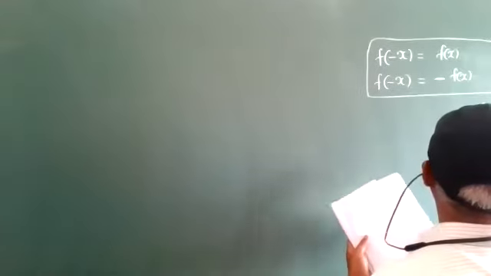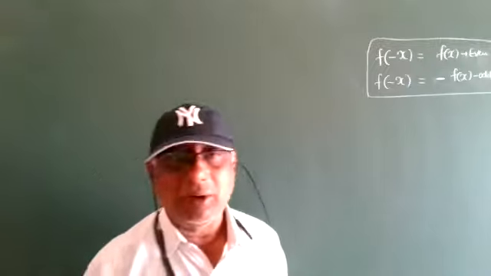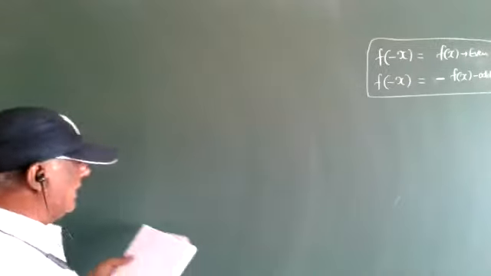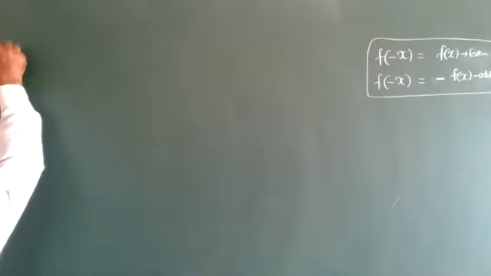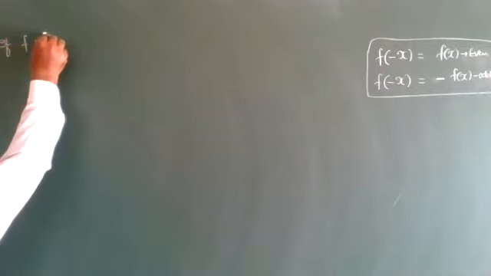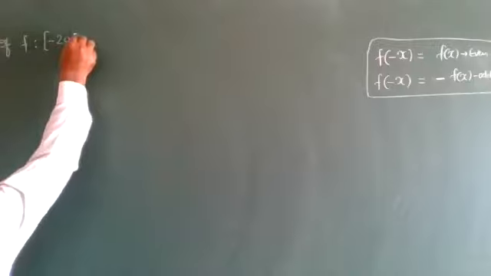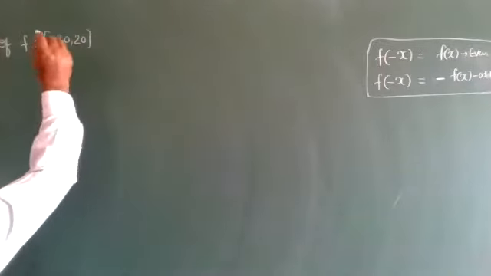So everyone observe, this is the even function and this is the odd function. Okay? Now I will write yesterday's problem. If f is a mapping from the domain, the first set is the domain and the second set is the codomain.